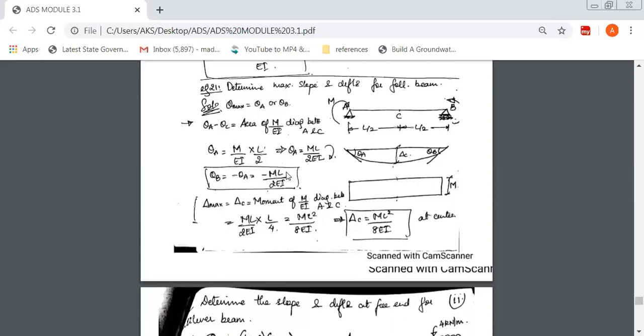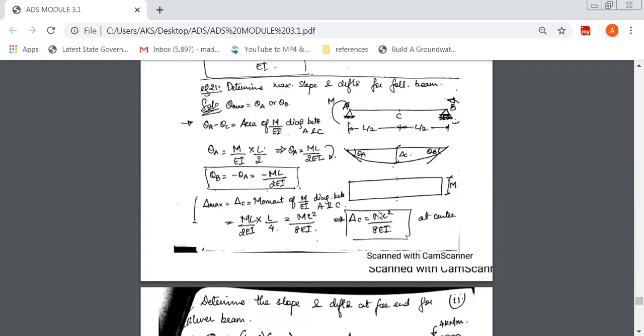This is the area you already found, ML over 2EI, into half of this distance. Up to A and C it is L by 2, and half of L by 2 is L by 4. So it is ML square over 8EI. So delta C is ML square over 8EI at the center.